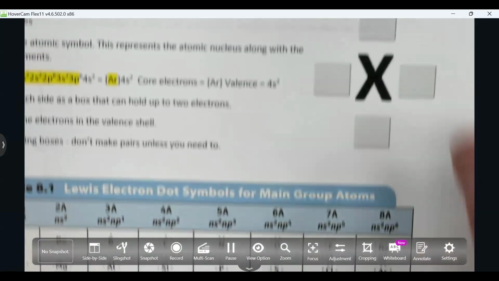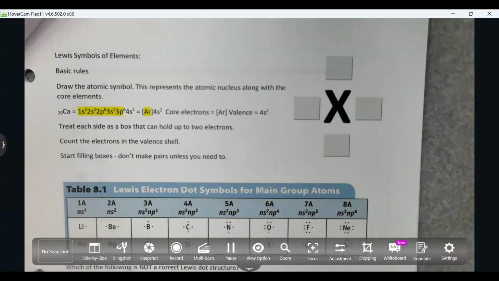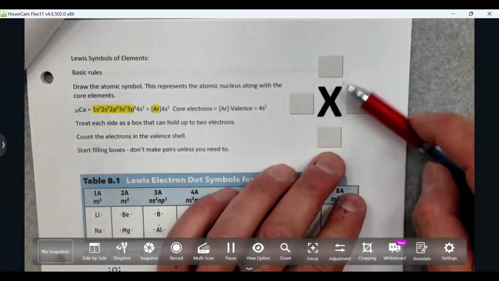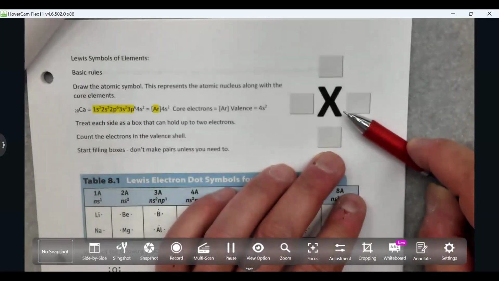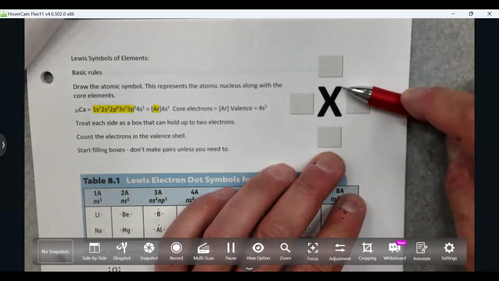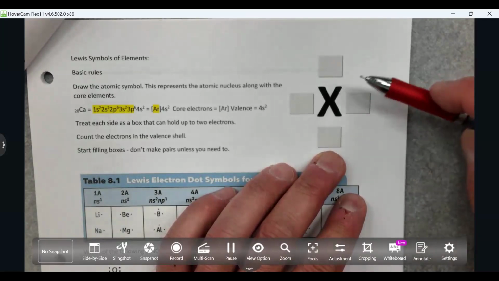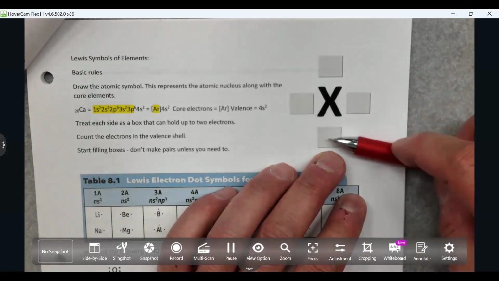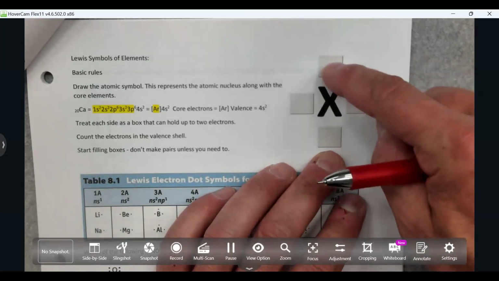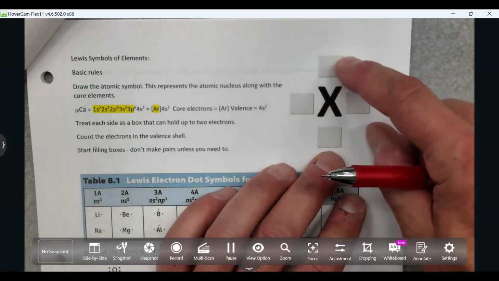So it looks like this, typically. If we write down the symbol of the element, that represents the protons and neutrons in the nucleus and the non-valence electrons. We will then put the valence electrons around the outside, typically in regions just like this.